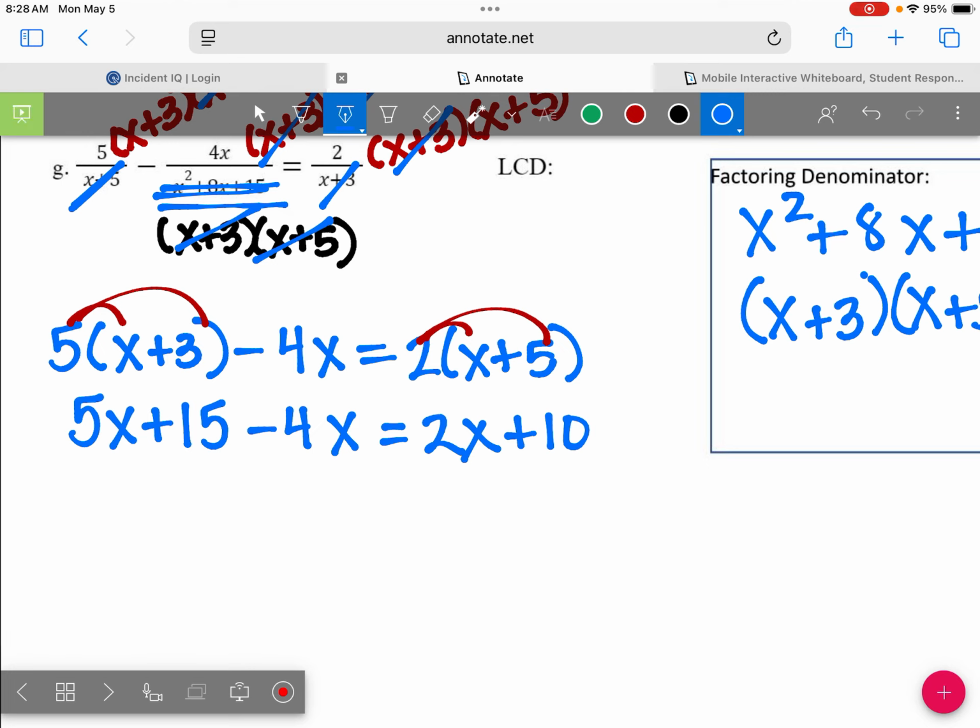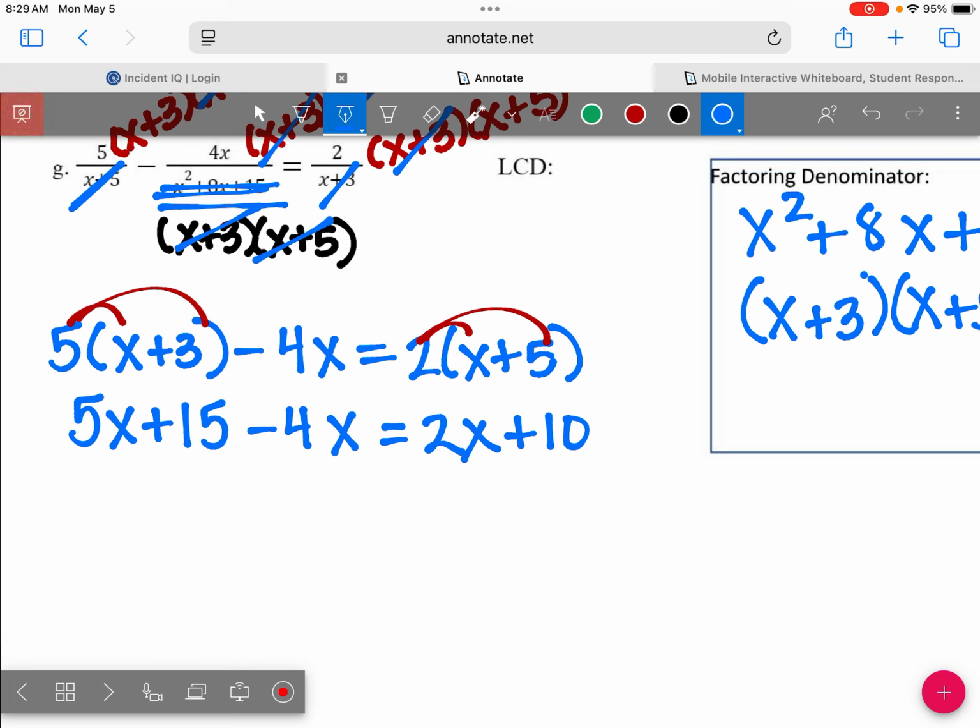So you're multiplying the first parentheses by 5, and the second parentheses after the equal sign, you're multiplying that by 2. Okay.